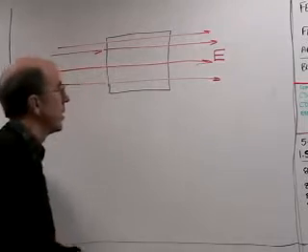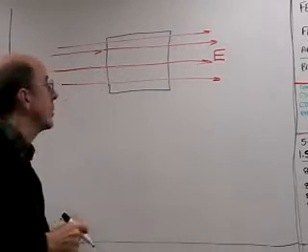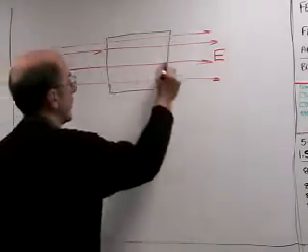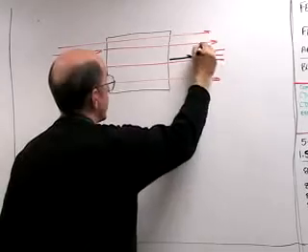All right. We have to define a positive direction. So for each of these surfaces, let's define an area vector.